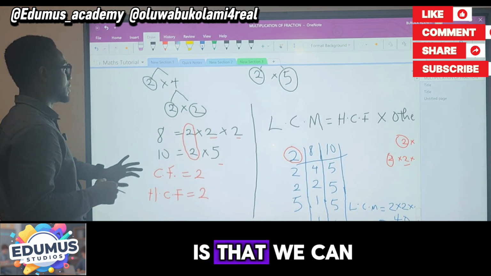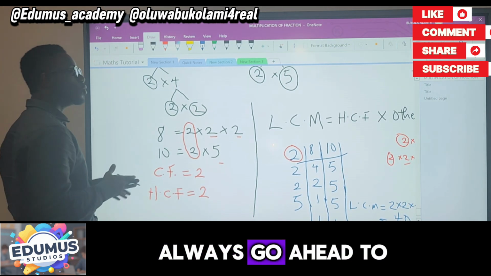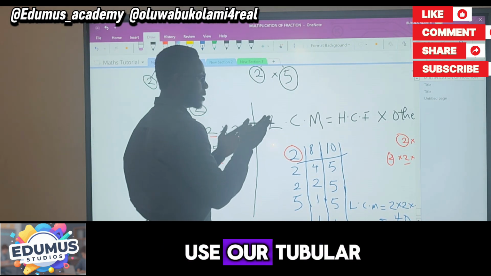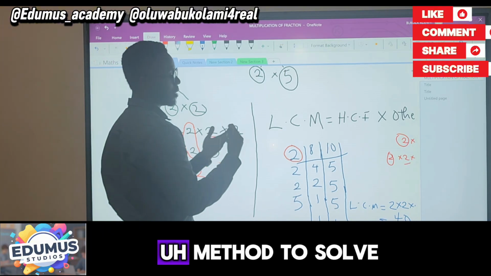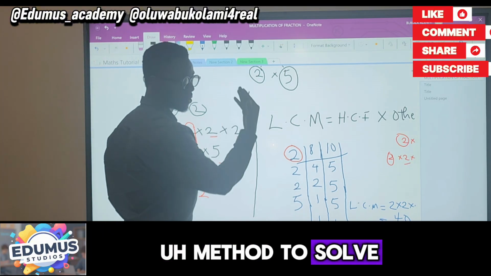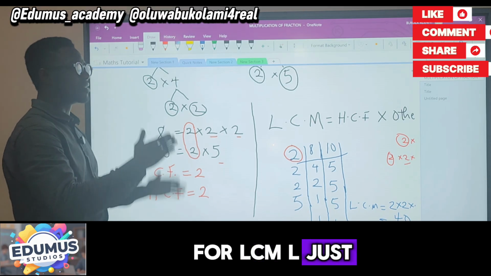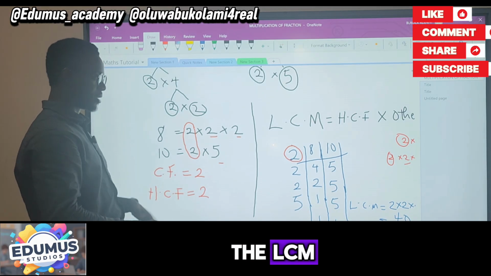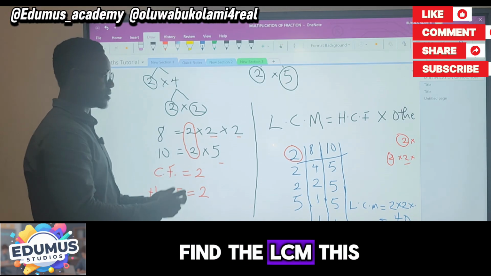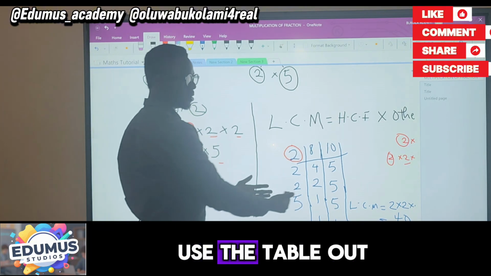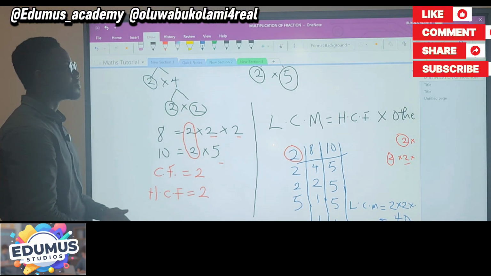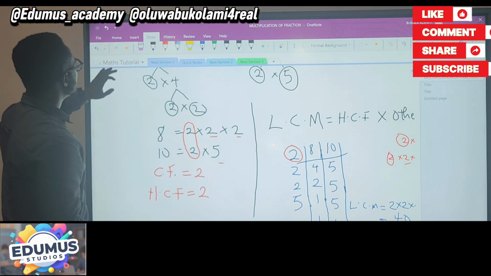But we can always go ahead to use our tabular method to solve our LCM, if we are looking for LCM directly. Say find the LCM, find the LCM, find the LCM. We can always use the tabular method. Method 2, we have to use the pairing method.